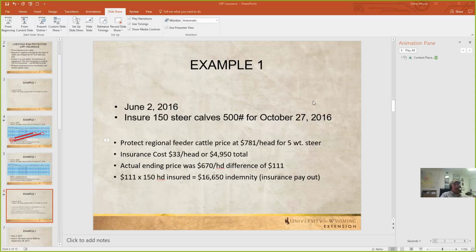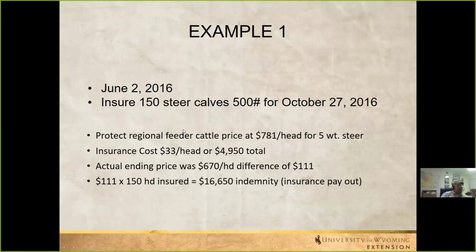So if I'd had a drought and I sold these cattle August 1st, after just having bought the insurance in June, the insurance goes with the cattle. So I could sell them as, hey, I'm selling you these 150 steer calves. They come with an insurance policy. Okay. So that's the one we did.